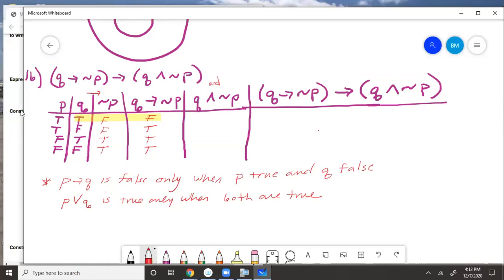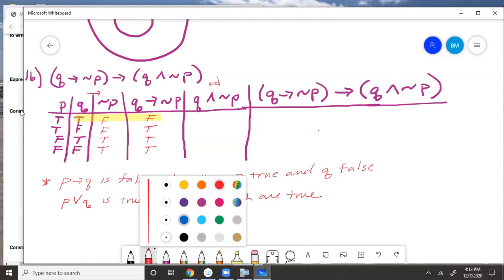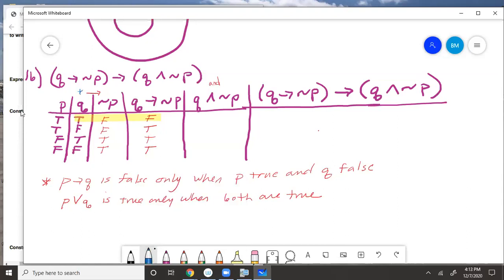So let's put, that's and. So Q and not P. So let's see, that's false. So that's this column and not P in this column. Again, we're taking the second and third columns, right? And you're saying the first one is false, right? Because when you say and, they both have to be true. So yeah, this is false.